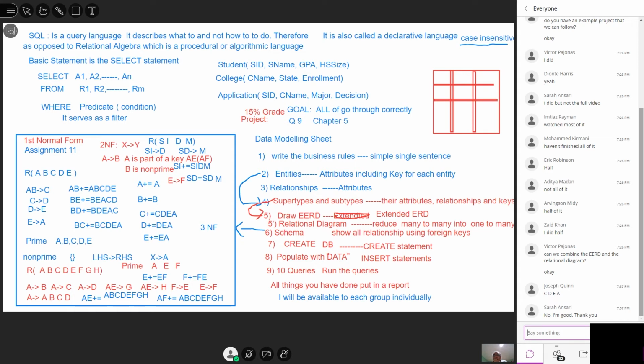If you have this relation, and let's say these are attributes here, just call them A, B, C. What it means simply is that everywhere here, every cell has a value.